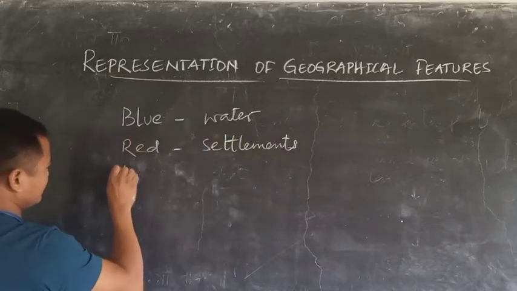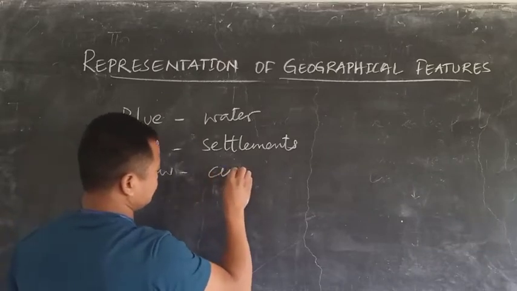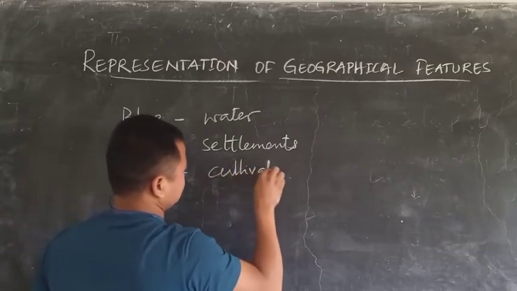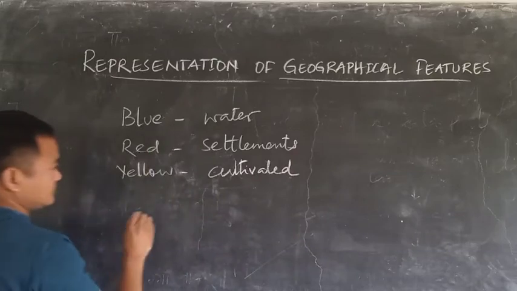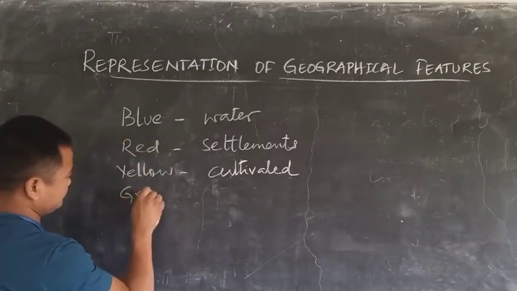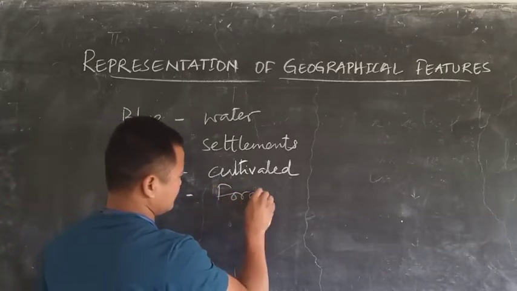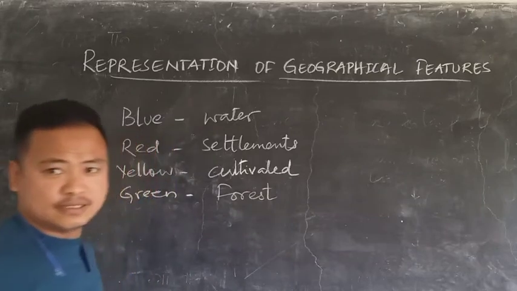The color yellow represents cultivated area. Then you have color green. It represents the forests, or natural vegetation.